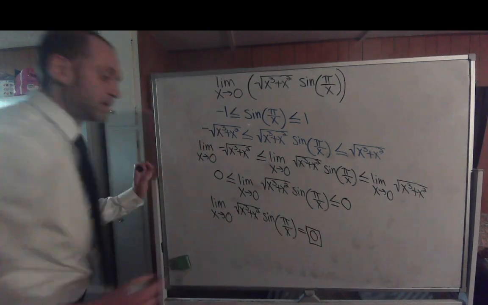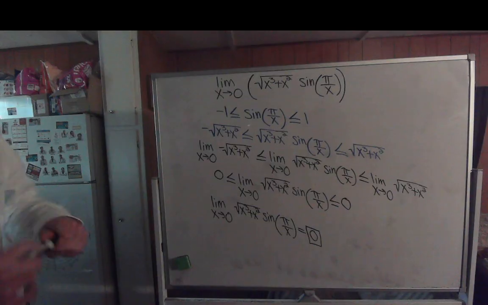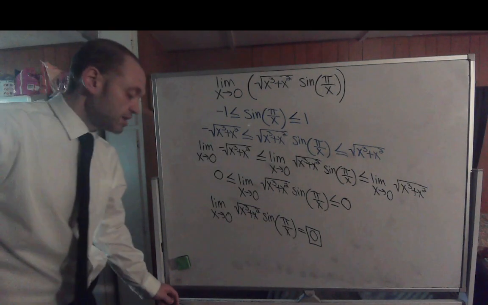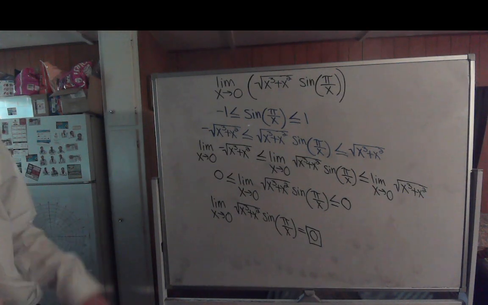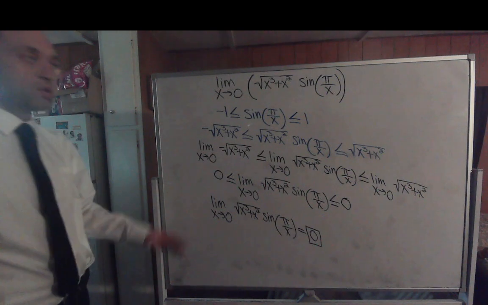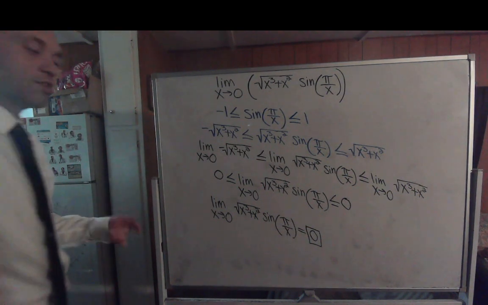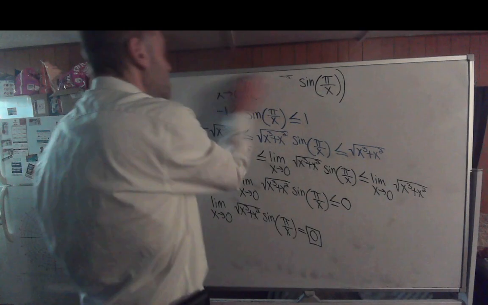That would be the only logical conclusion by the squeeze theorem or the sandwich theorem. You're going to hear those used interchangeably. It depends what textbook you have. It depends on your professor. But the squeeze theorem or the sandwich theorem mean the same thing. All right.